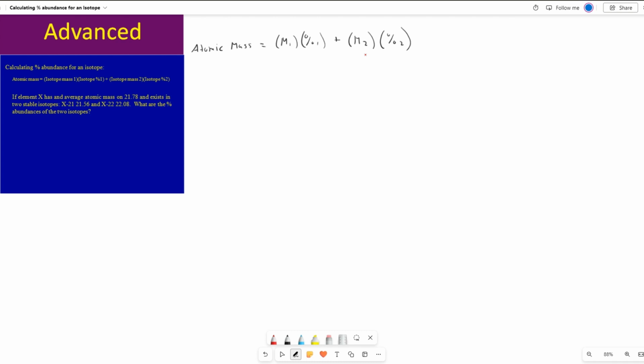But we only have 2 stable isotopes, so it's just going to stop at 2 terms for this equation here. So we have some of this information given to us. The atomic mass is given to us as 21.78, so we can put that right in there. So 21.78 is equal to, and then the mass of the first isotope is 21.56, so we're given that piece of information as well.